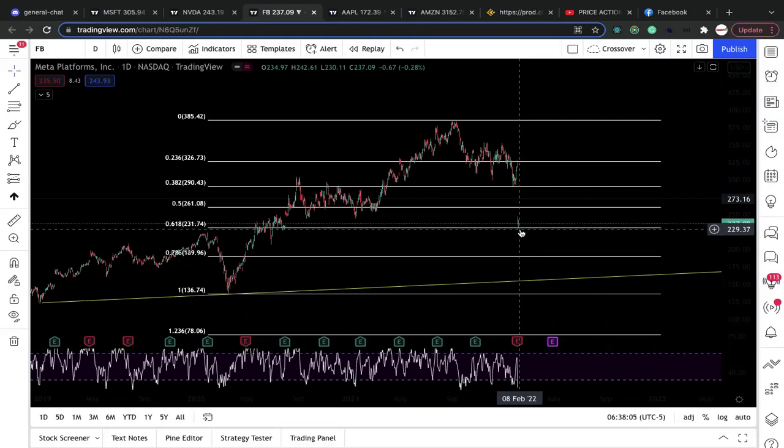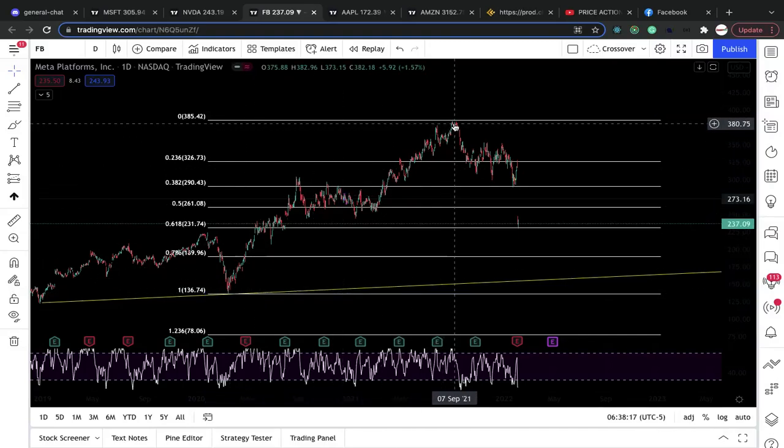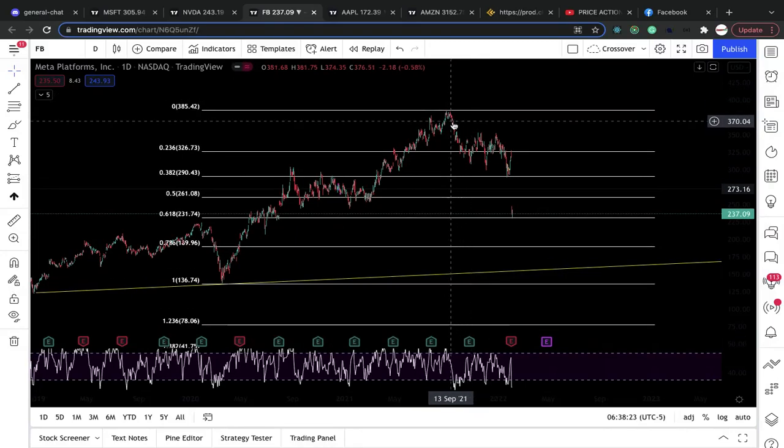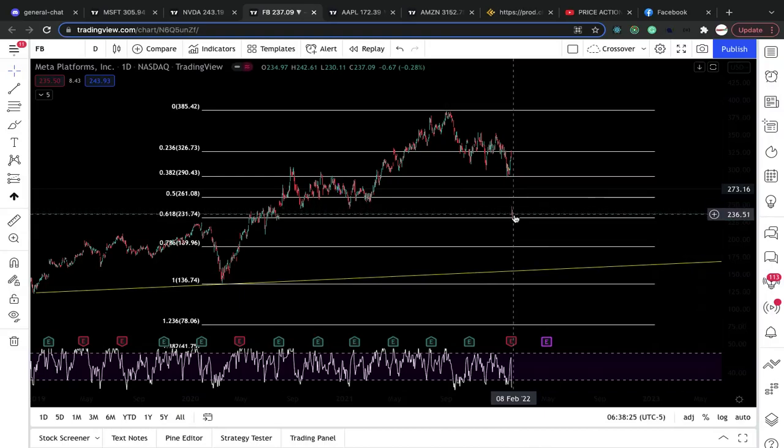So we saw some strong demand at that level. I started the swing low in March 2020, and the swing high, which was the all-time high, all the way to the high of September. And this little gap down gapped all the way down to the 61.8 retracement.